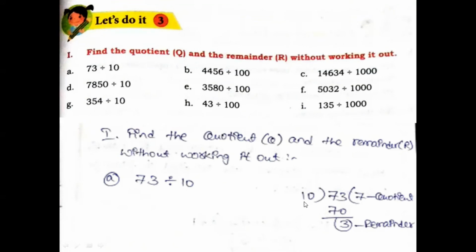Write 10. 73 divided by 10. 10 is the divisor. 73 is the dividend. 10 sevens are 70. Here 73 minus 70 is how much? 3. This is called remainder. 7 is quotient. Okay. We have to find only quotient and remainder.